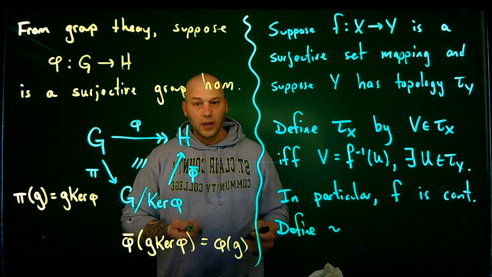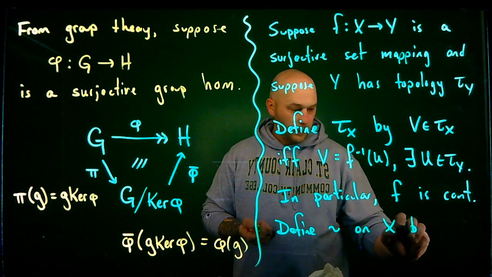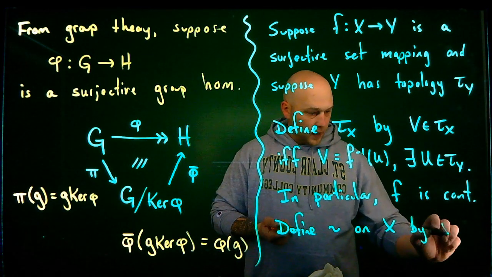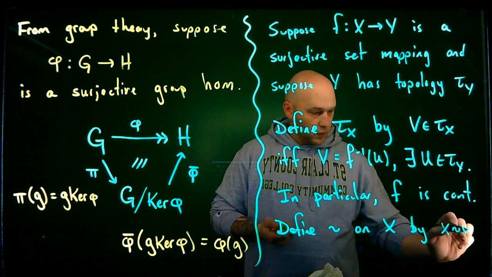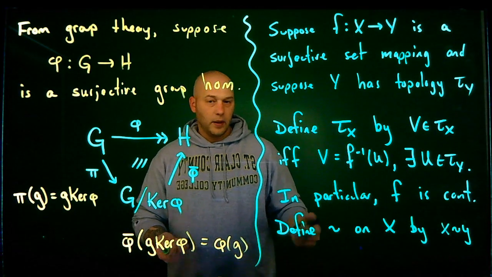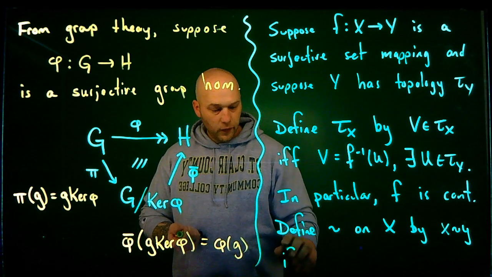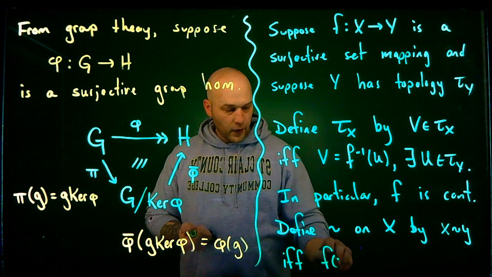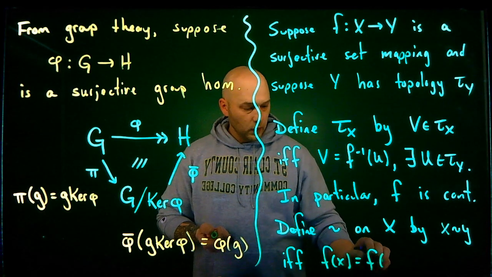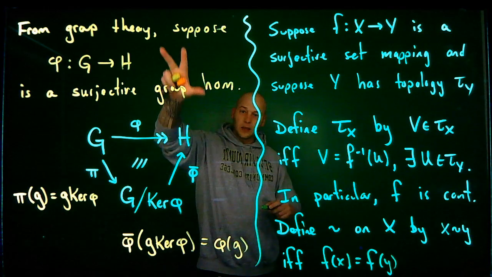Finally, I'm going to define an equivalence relation tilde on X by: x is equivalent to y if and only if f of x is equal to f of y. Now, of course, I ran out of screen here, so I'm going to have to clean this side up.